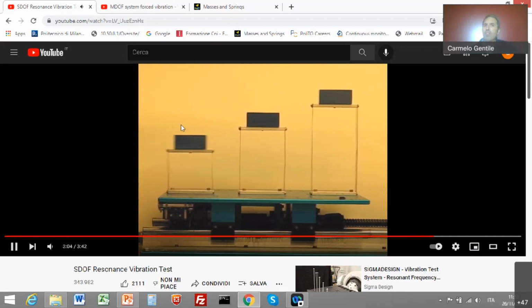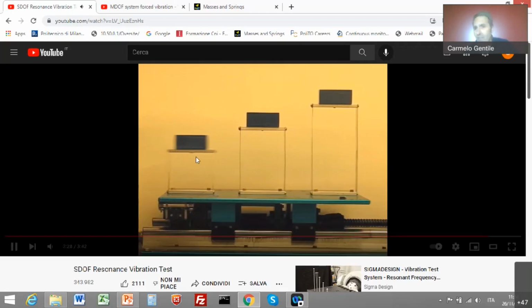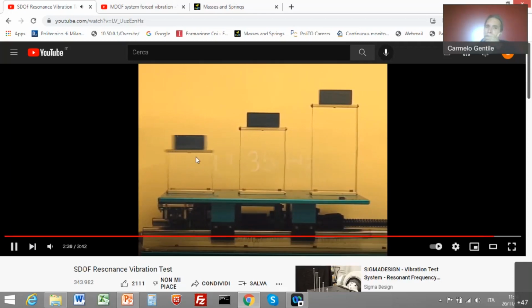Now it's the stiffer element that is undergoing very large acceleration, large forces, and large displacement, because now the frequency of the earthquake is very close to the resonance frequency of that system. And now we are exactly at the resonance of the system, 11.35 Hertz.